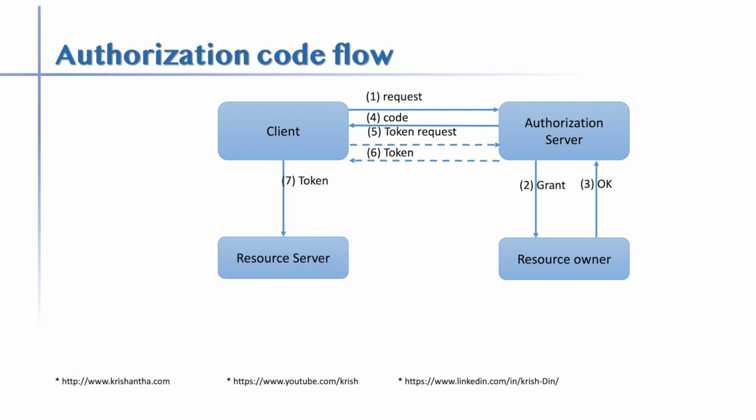And then the authorization server sends the token. So now the client sends the token to the resource server. When the client sends the token to the resource server, it validates this token against the authorization server. If it is a bearer token, if it is just an access token, they have to talk to the authorization server and get the profile or whatever the claims are.